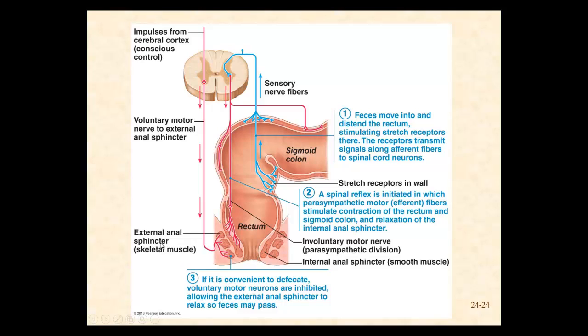So young children under the age of 2 tend to have less control of the external anal sphincter. And as some people age, they lose control of that anal sphincter as well. So it's important that we be careful with those patients and make sure they have access to the bathroom when they say they have to go.